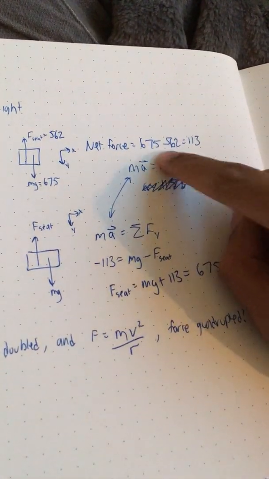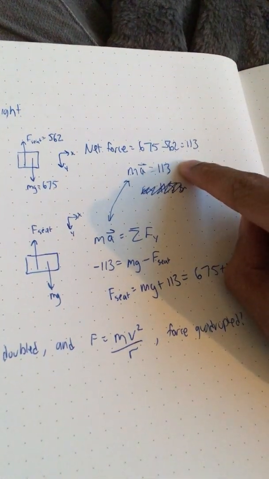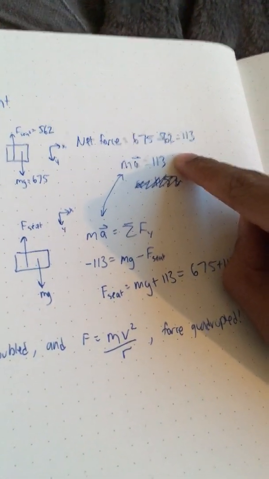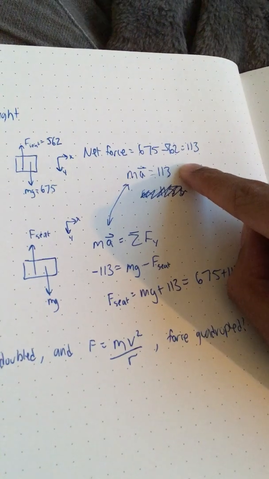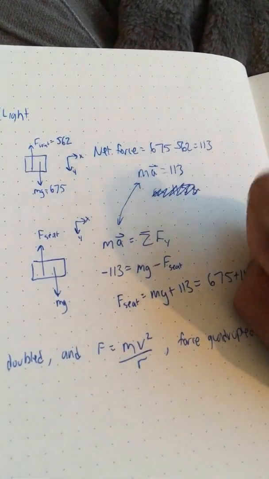I think this goes up by 4 times because the total centripetal force is quadrupled. So this goes up by 4 times. So then you could use that information to figure out parts C and D.